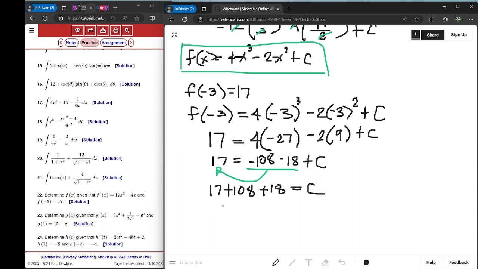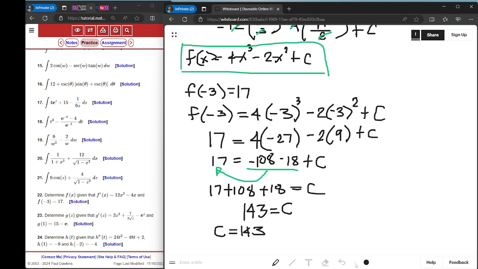Oh no, 143. So let's check. If you are very good in arithmetic, then you can answer that one directly. So this is 143. Or we can rewrite this as c is equal to 143.